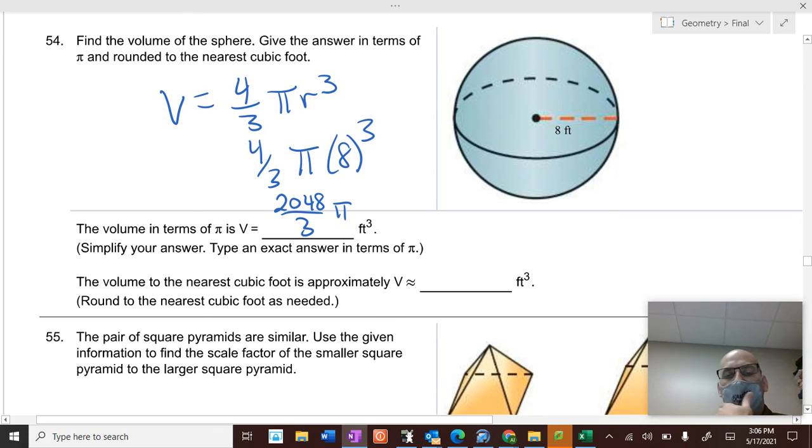If we do the math, what do we get? 2048 divided by 3 times pi. Should be 2,000 and something.